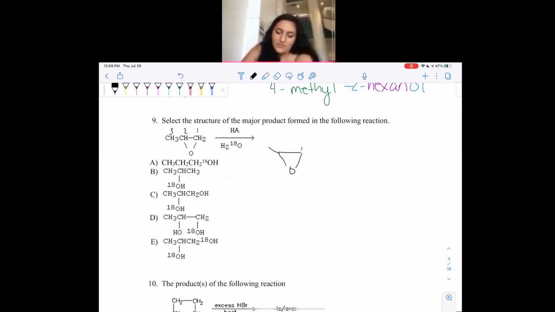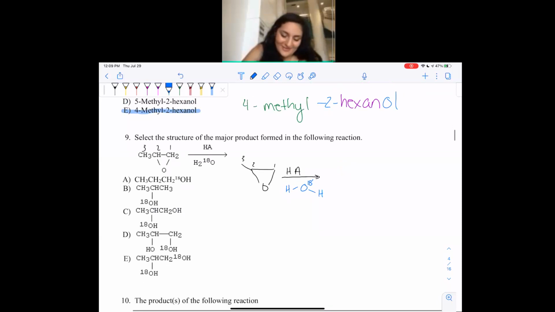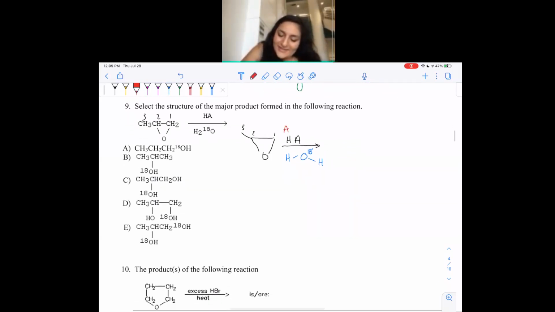Okay, so 1, 2, 3. And we are using an acid catalyst, and we have H2O. So, this is an acid catalyst. It stands for H acid.